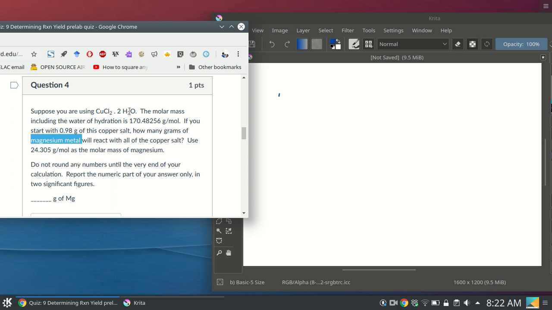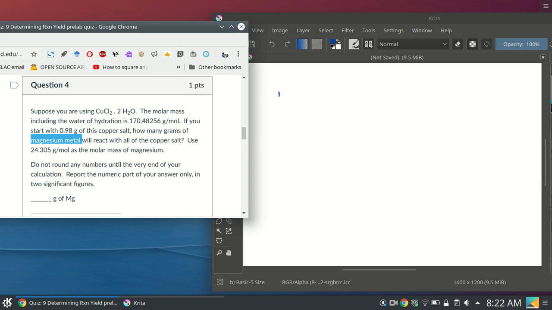So you start with one chemical and you're asked about the quantity of a different chemical. That means a chemical change must have happened. So you're going to need a balanced chemical equation. In a stoichiometry problem, the first thing you need is a balanced chemical equation.